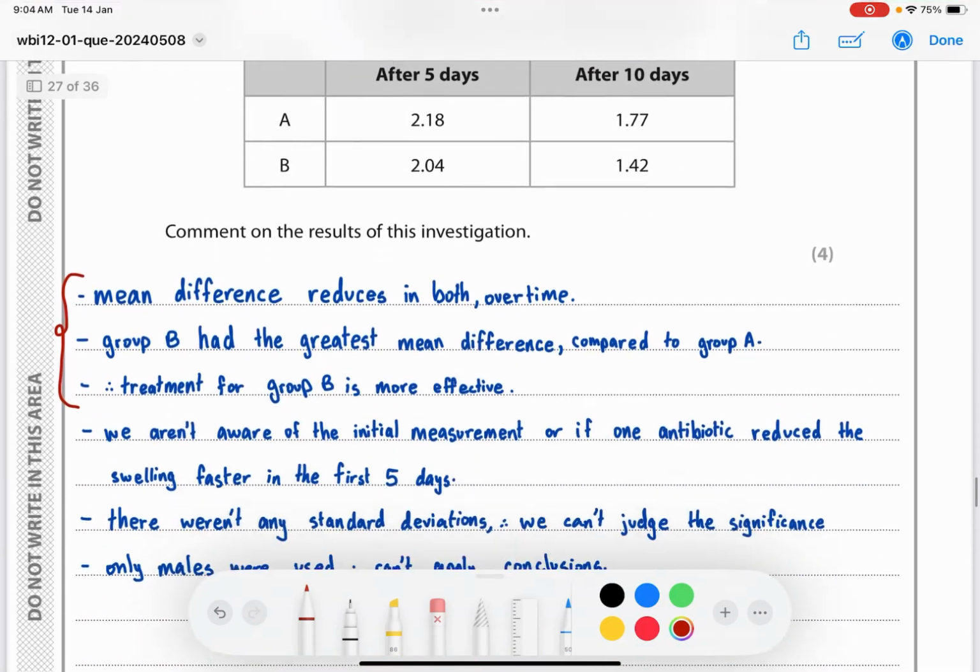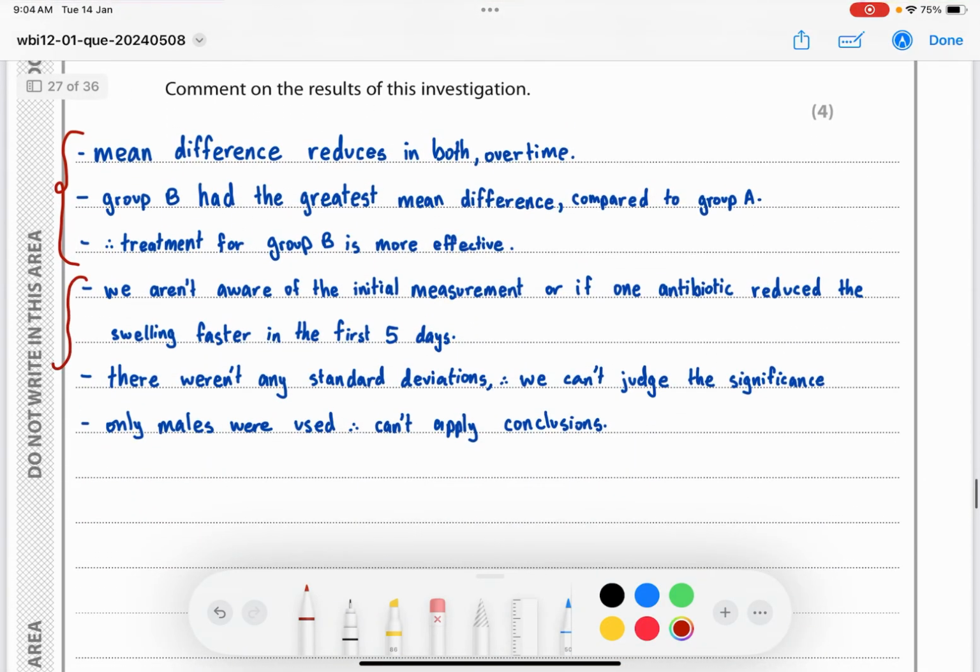Now, during these questions, what else you can mention are points which were not mentioned within the experiment, or information that we could have used to make this experiment more valid, more reliable.